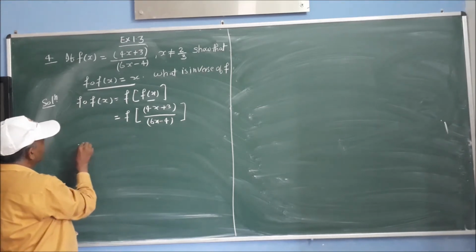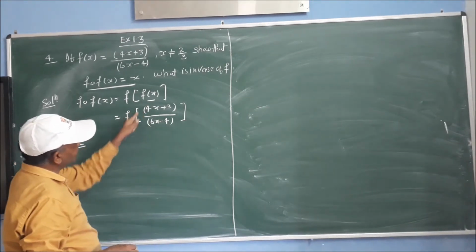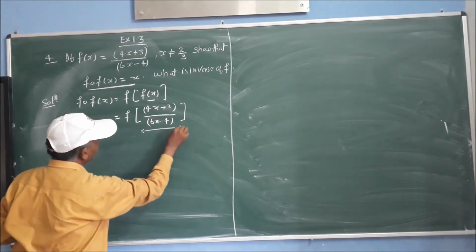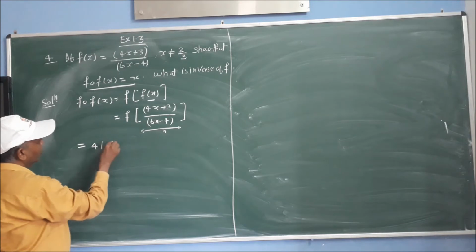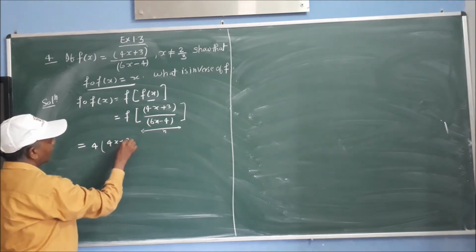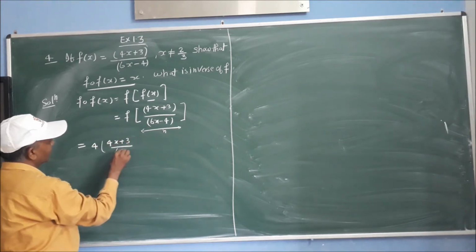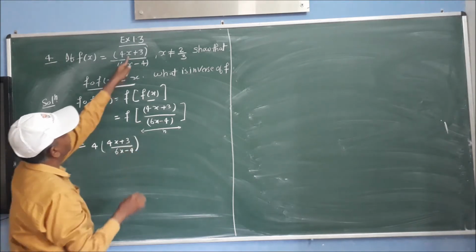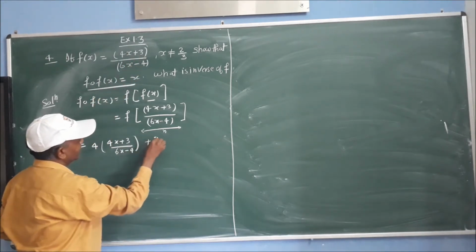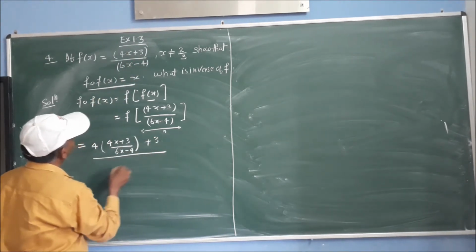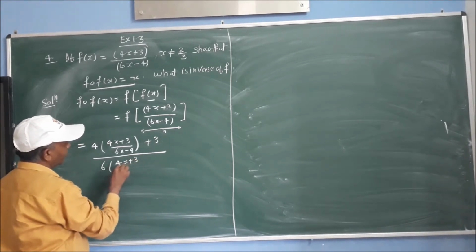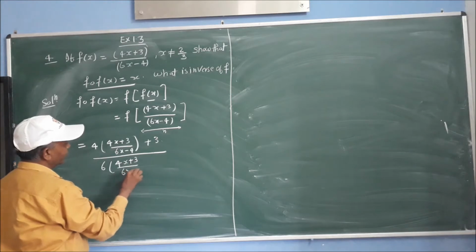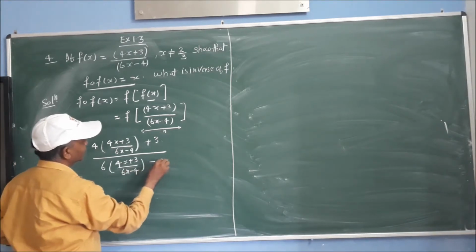And f of this term is equal to how much? In the place of x, this whole term is used as x. So this can be written as 4 into (4x plus 3) upon (6x minus 4), plus 3, whole divided by 6 into (4x plus 3) upon (6x minus 4), minus 4.